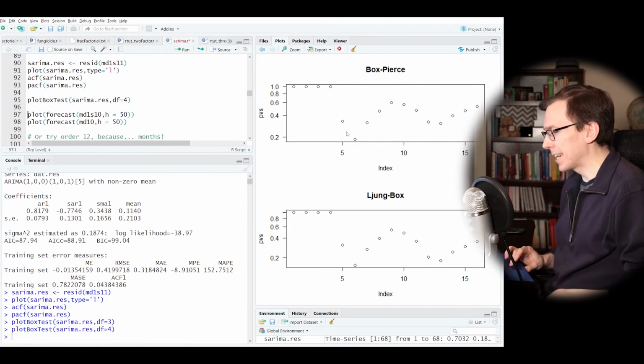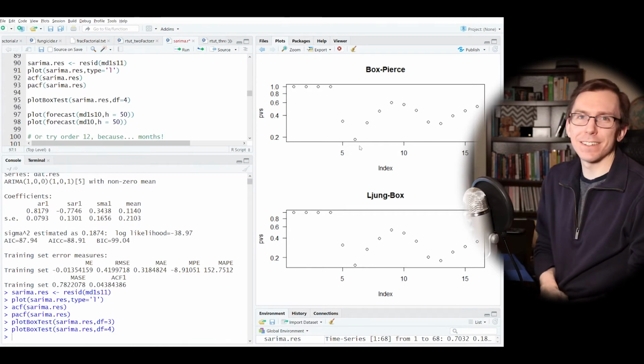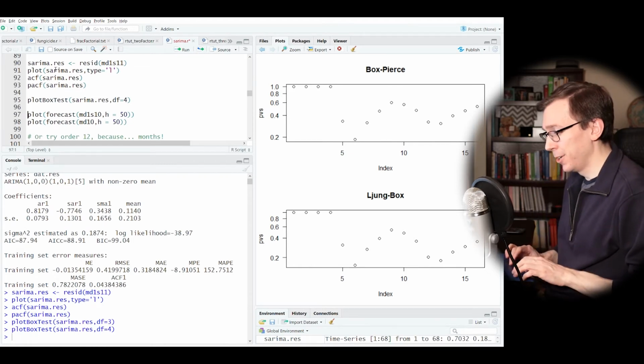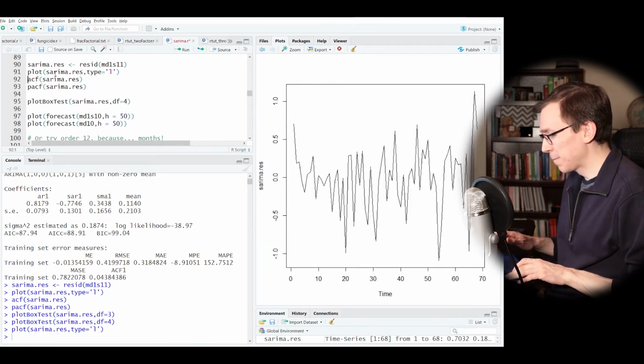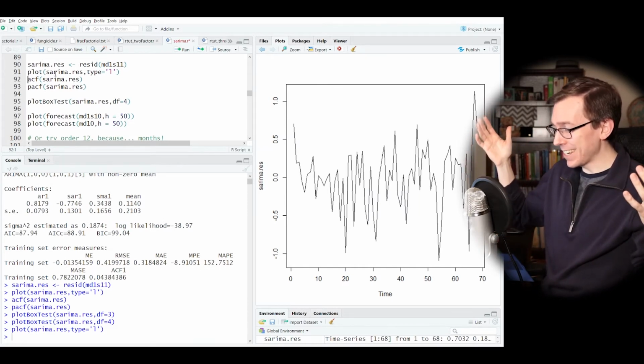We need to look at lags of 5 or greater, and in both cases of our 2 different test statistics, all of our p-values are at worst around maybe 10% or 20%. Basically, there's nothing significant here, which makes us think that our residuals, which again look like this, are uncorrelated, and we actually are in a good state.